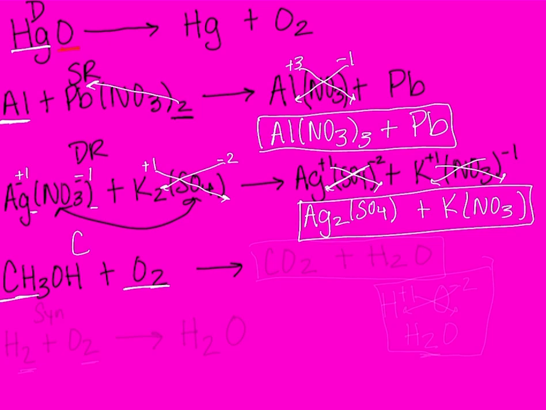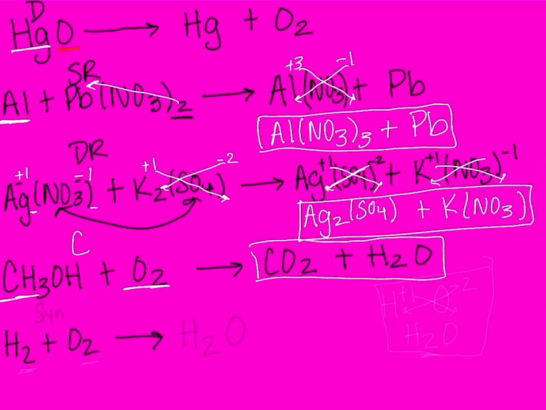So being that I have an oxygen gas and hydrocarbon in my reactant, I know that on my product side, what's going to be produced is CO2 and H2O in order for it to be considered a combustion reaction. And we're just going to keep it that light and simple. You don't have to do anything else as it relates to combustion reaction for these steps alone. And you're done.